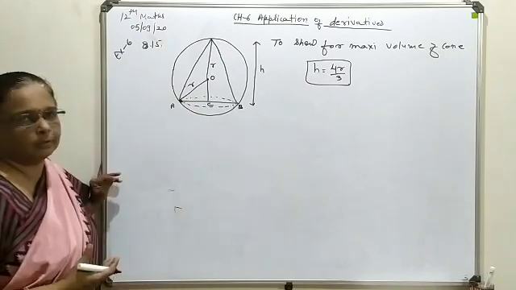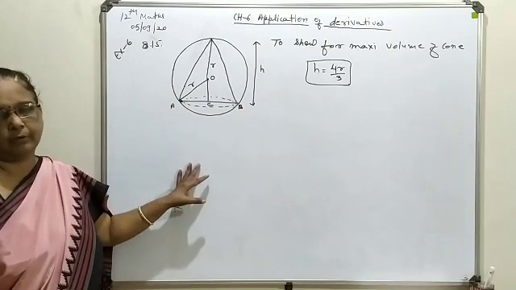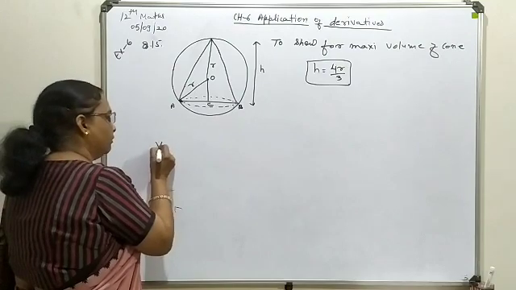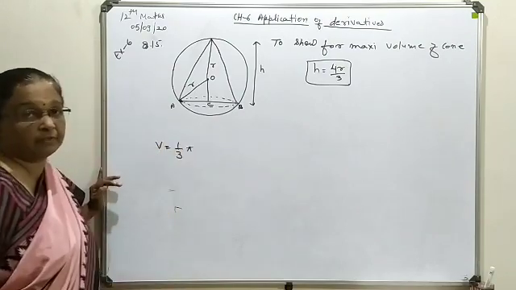To find the volume of a cone we require two things, based on the volume formula. The volume of a cone is 1 upon 3 pi times its radius squared times the height. Radius is to be defined first.